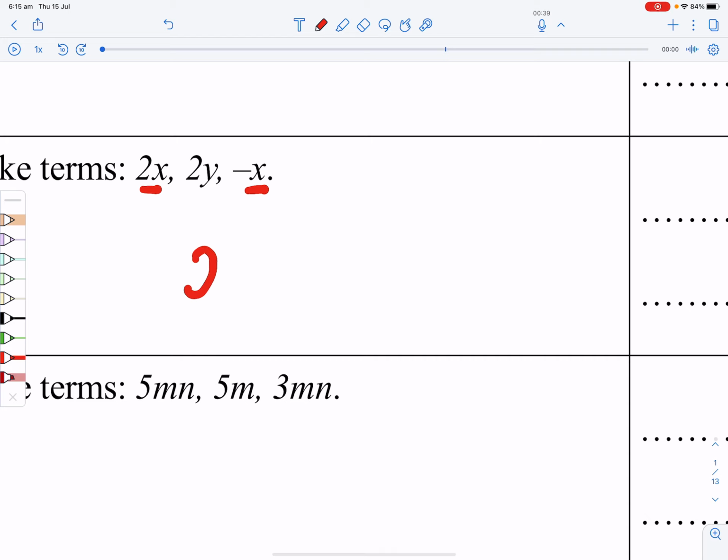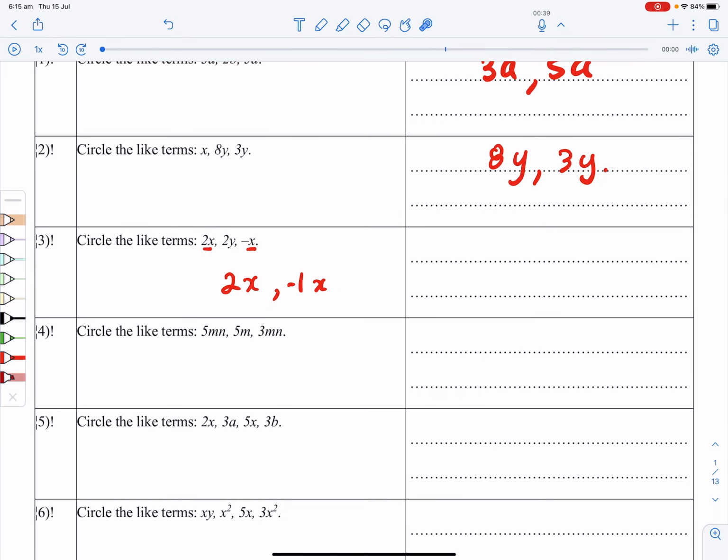The first one is 2x. The third one is really minus 1x. When you're looking to see which terms are alike, you're just looking at the actual letter, or what we call in algebra a pronumeral. So the answer for question 3 is the 2x and the minus 1x.